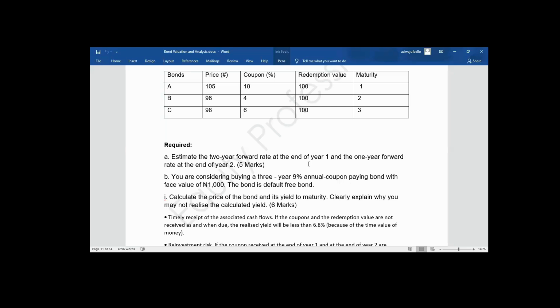How many are you going to count? At the end of year 2, 1 year forward rate will now give you end of year 2, then year 3. Look at the equation.